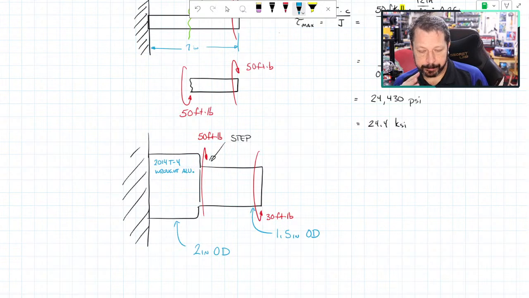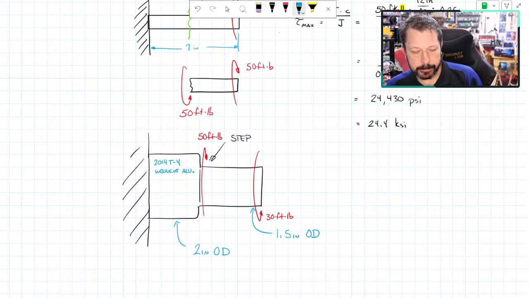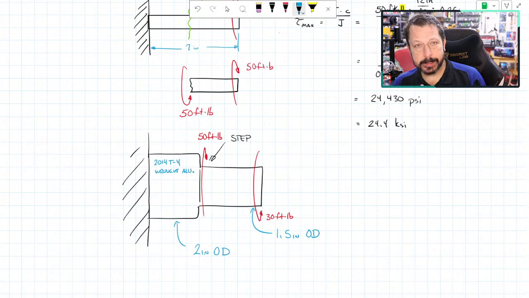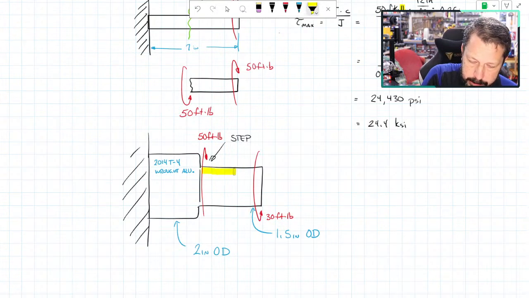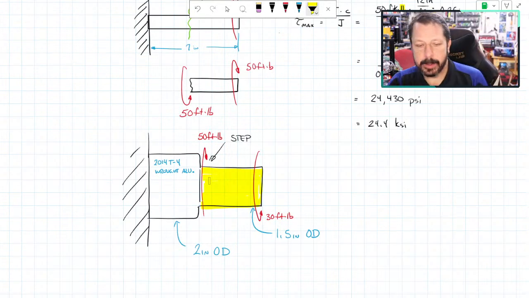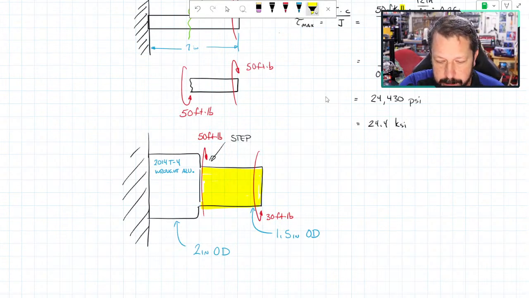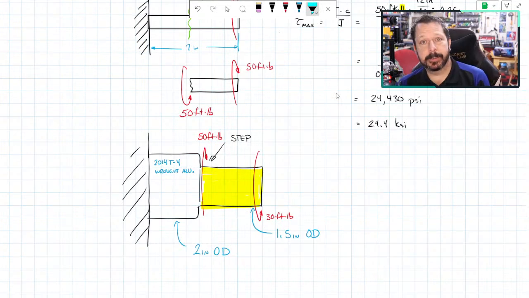All right. So now we have two torques on here, plus whatever the wall is doing. So the wall is applying some amount of torque also to keep the thing from spinning. So let's divide this into two sections. We'll have one section here. I'm basing the sections on the same way we based the sections when we did the axial deformation.